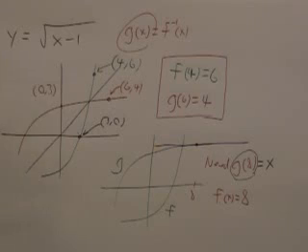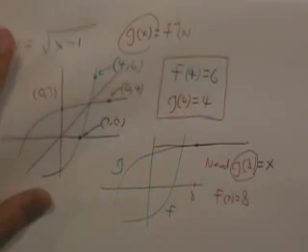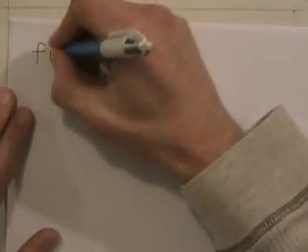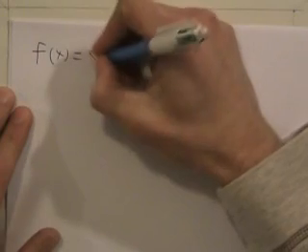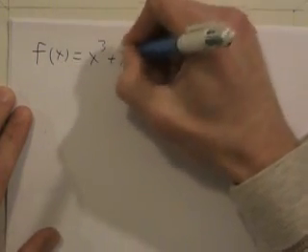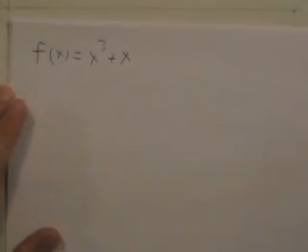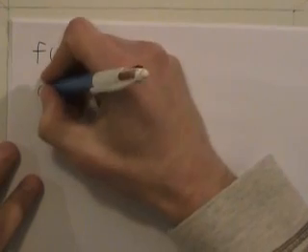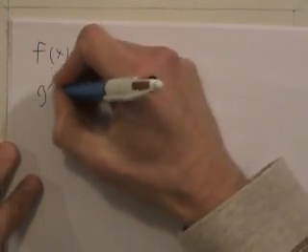Typically, these problems come to you like so. They'll say f of x equals x cubed plus x. Notice if you switch x and y, you won't be able to isolate y. But they'll say f of x is x cubed plus x. Find g prime of 10.